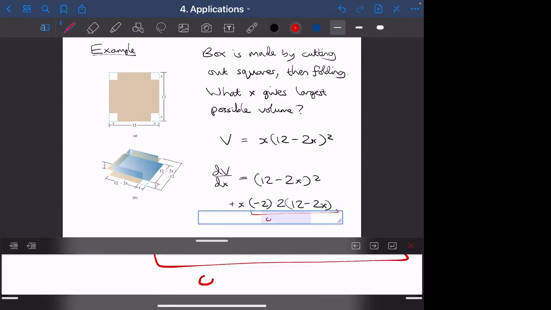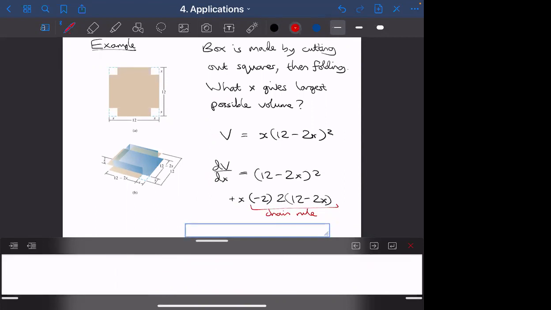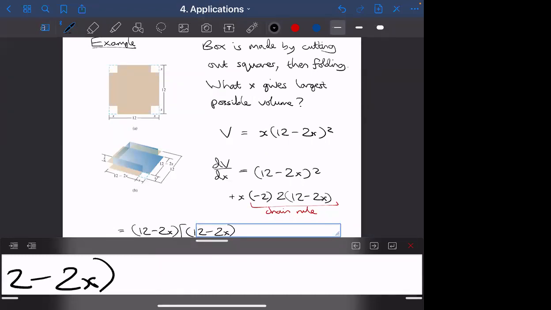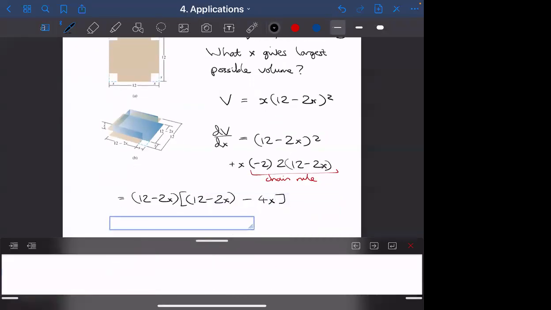So here I'm using the chain rule. And then I can try and simplify this. I can take out the 12 minus 2x. So in the second term, I'm just left with minus 4x.